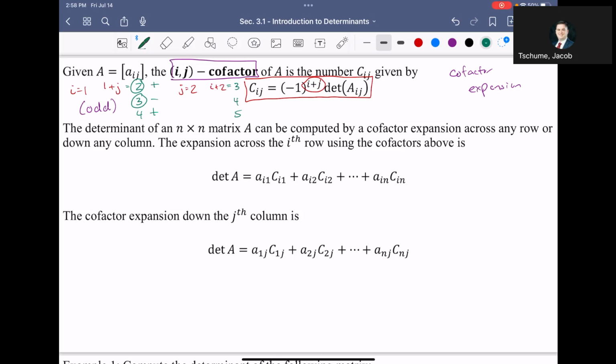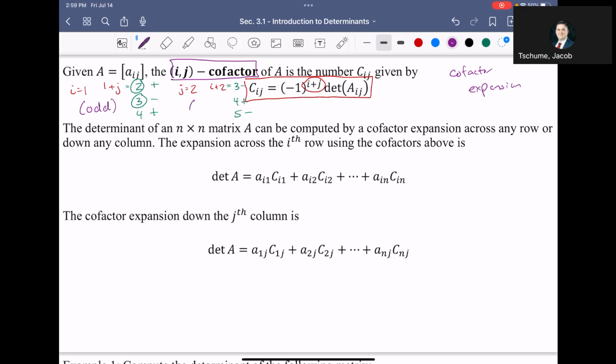The difference is, as you can see, -1 to the third power is negative, -1 to the fourth is positive, -1 to the fifth is negative, and so on. And so instead of starting with a positive value of your determinant, you actually have to negate the first coefficient and then alternate from there.